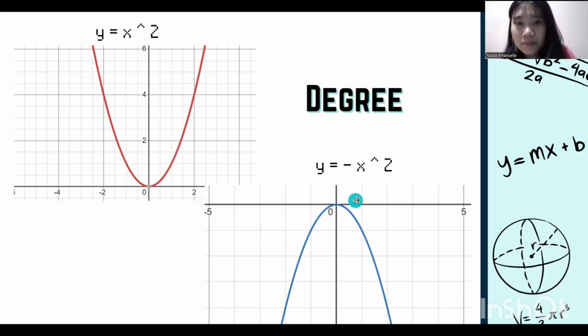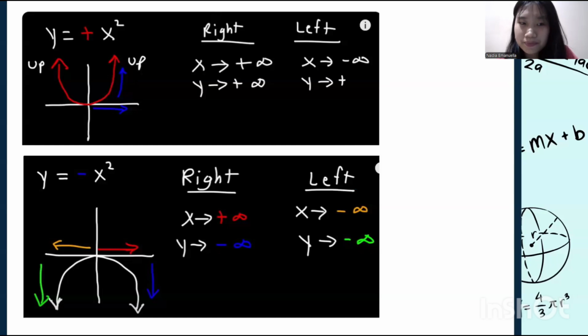So let's continue. Here are some examples of end behavior, where x is approaching infinity. In this example, positive x squared, if x goes to the right, then y goes up. And if x goes to the left, to minus infinity, y still remains positive because the graph faces upward.